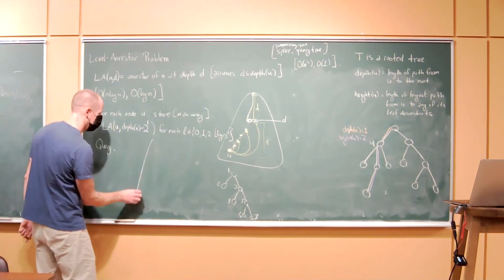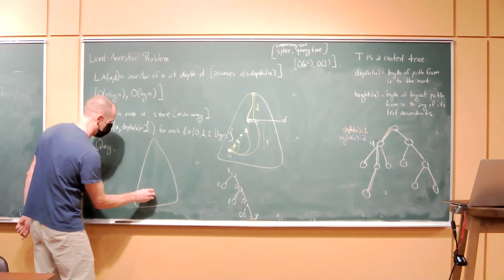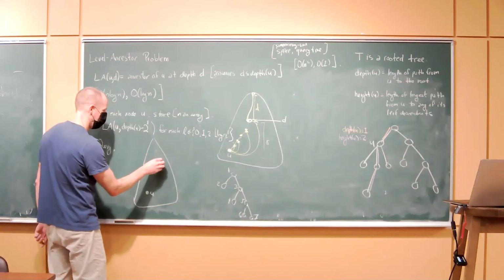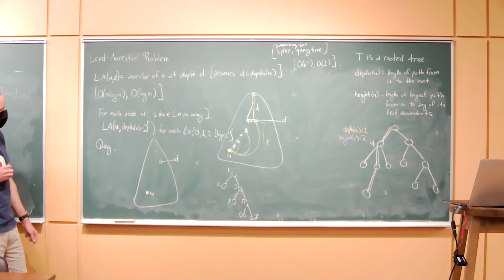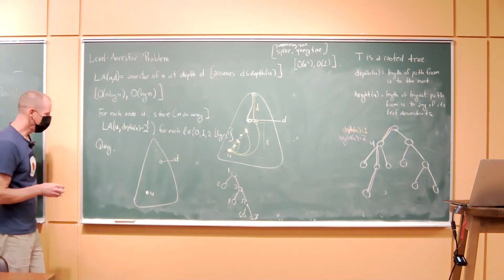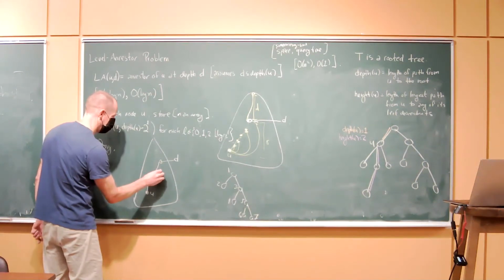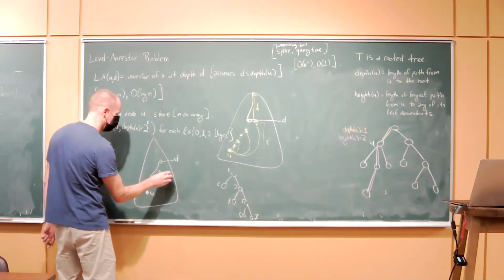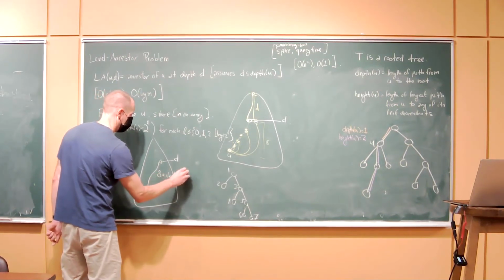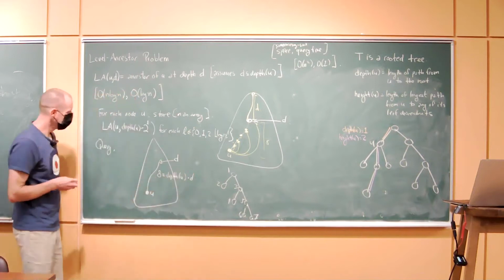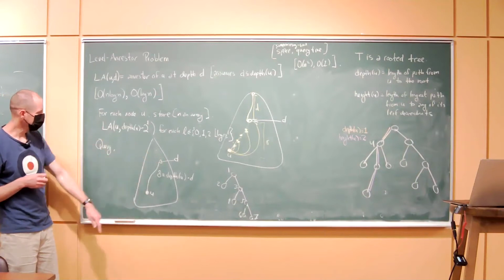Well, you give me some query that has u and some value D, which is the depth of the ancestor that I want. And what I'll compute is a value delta, which is equal to the depth of u minus D. So how many levels up do you have to go to get to this thing?